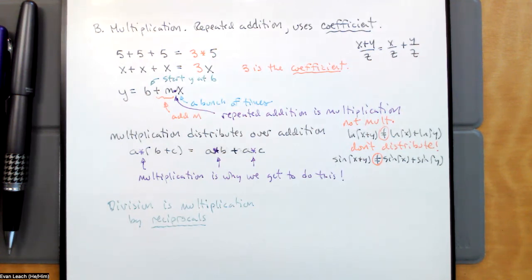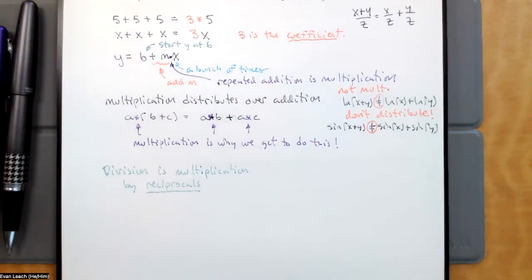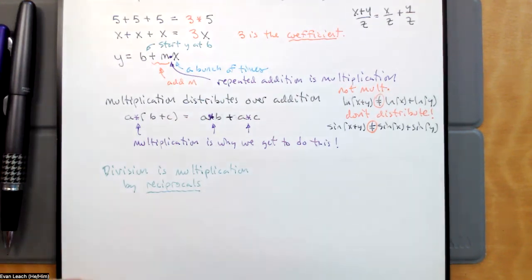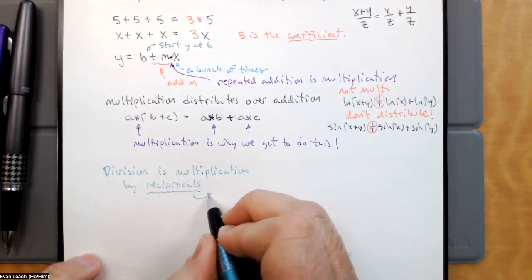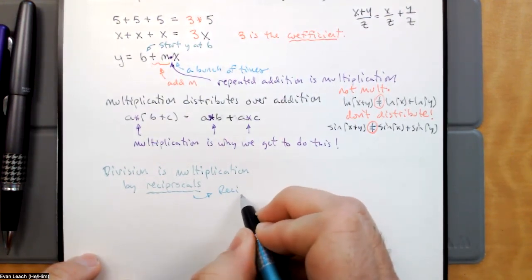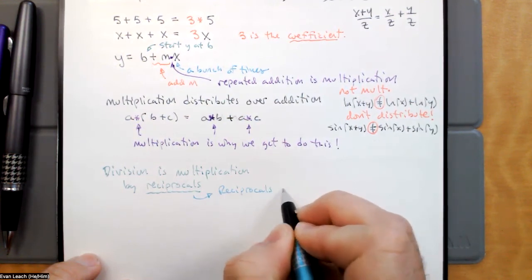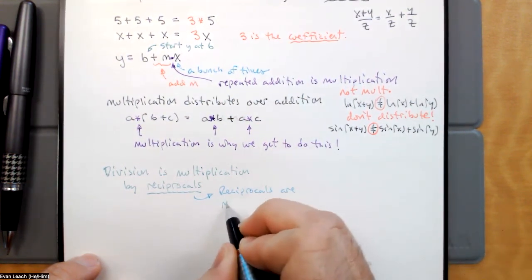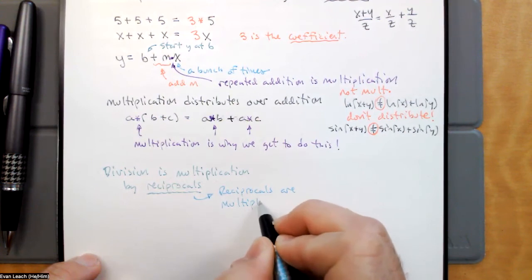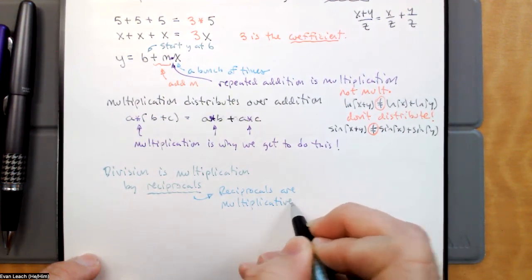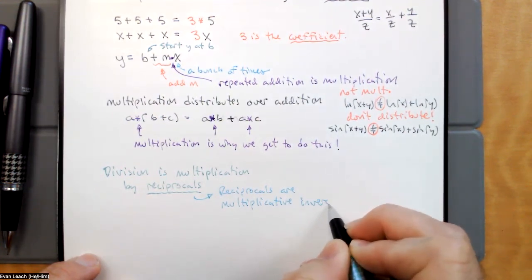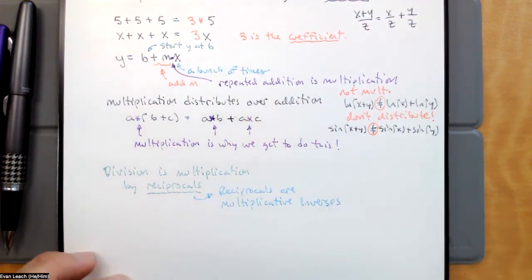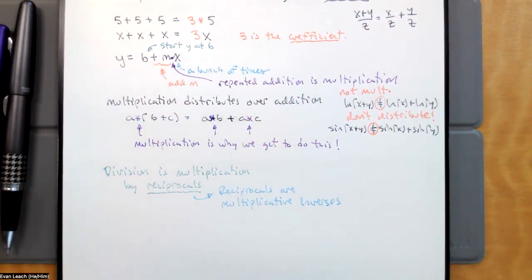Just like subtraction is addition of opposites. Reciprocals are multiplicative inverses. There's that inverses word again.